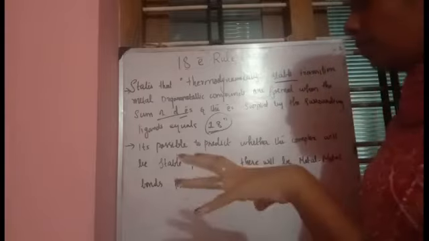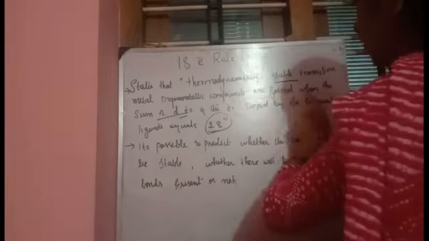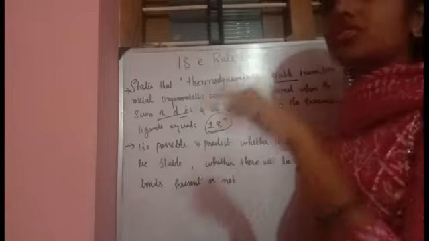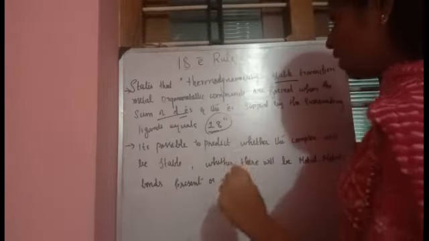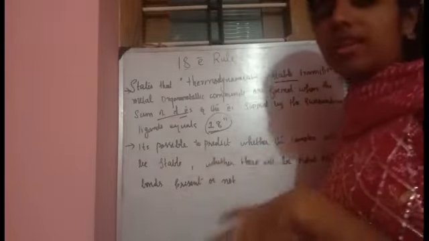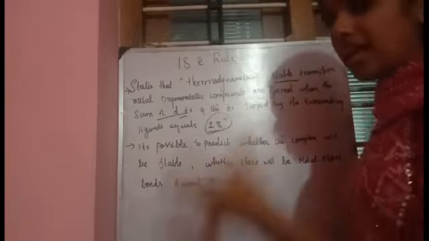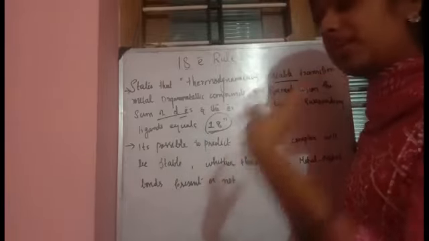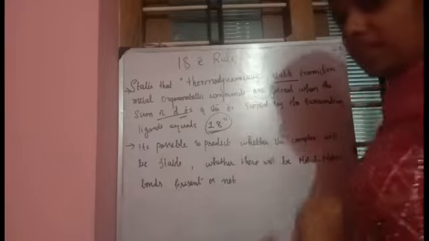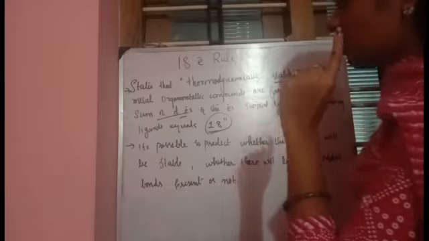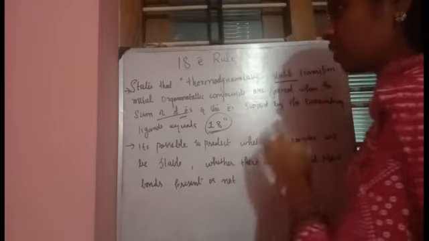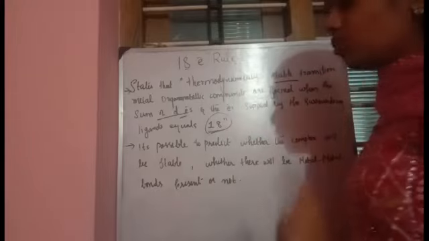That is, it is a complex formed when the sum of the valence shell d electrons of the metal and the electrons supplied by the surrounding ligands around that metal is equal to 18. That is the condition for an organometallic compound to obey the 18 electron rule.